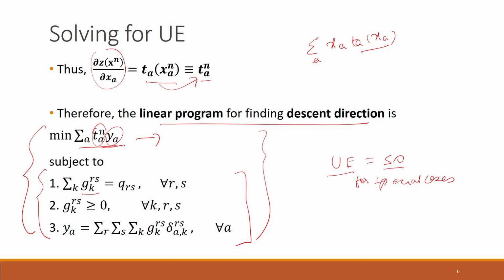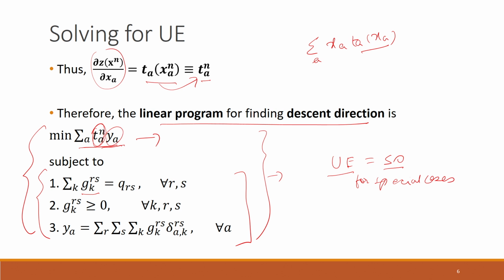Now in order to understand the solution of this optimization problem, think of it this way: the travel time of each link is fixed, given by t_a^n here, okay. Since this optimization formulation is also equivalent from the perspective of user equilibrium, and the objective in user equilibrium is that everyone tries to minimize their own travel time, if the travel times do not change with the flow, then everyone would want to travel on the path offering the shortest travel time.